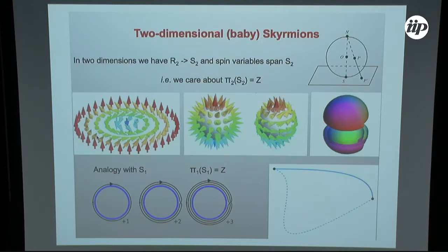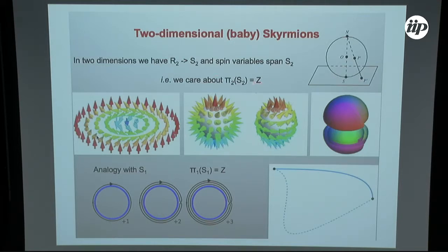Sometimes for some discussion of these skyrmions, it's better to compactify the space into S2. And so you have to care about these homotopy classes of the mappings from S2 to S2. And these are characterized by integer charges.